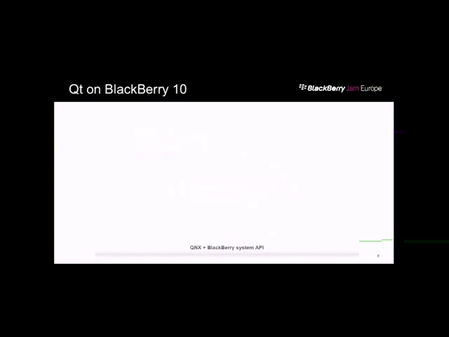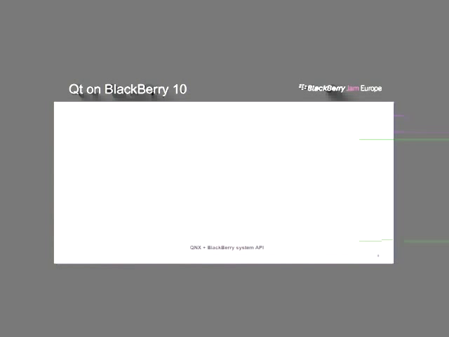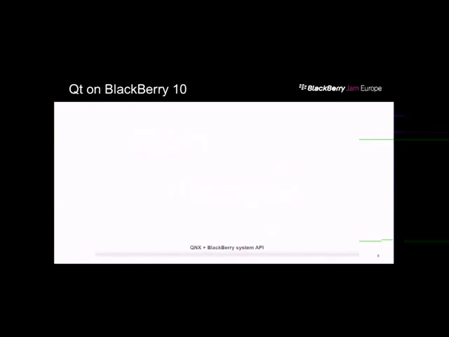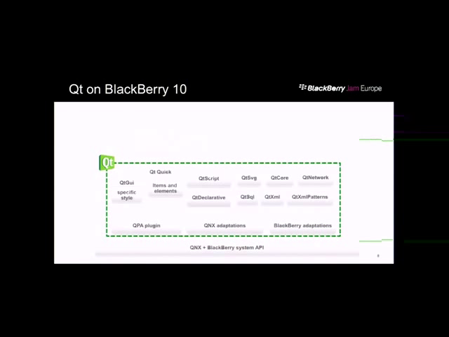So as with the whole of the native SDK, we sit on top of QNX, QNX's own, so to say, system APIs from the operating system. There are also some system APIs specifically for BlackBerry. The porting of Qt was done in a fairly standard way. Qt provides a so-called QPA plugin. QPA stands for Qt Platform Abstraction.